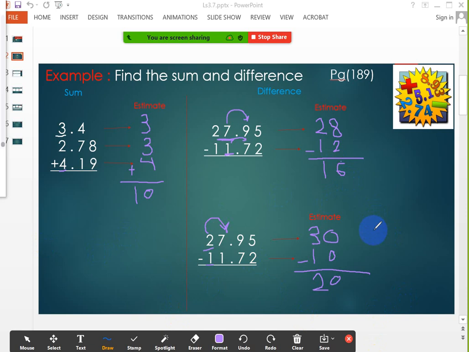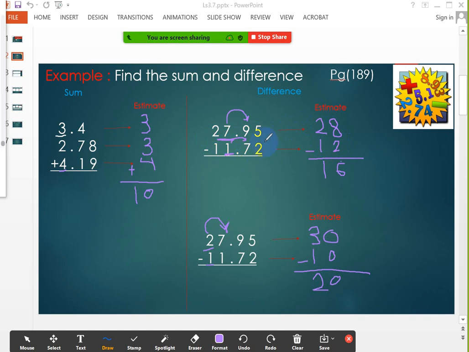Now girls, the estimate may be different. You will have more than one estimate. You may have 2 estimates, 3, according to what? According to the digit that I round to. So if I round to the nearest ones, the number becomes 28. 27.95 becomes 28.